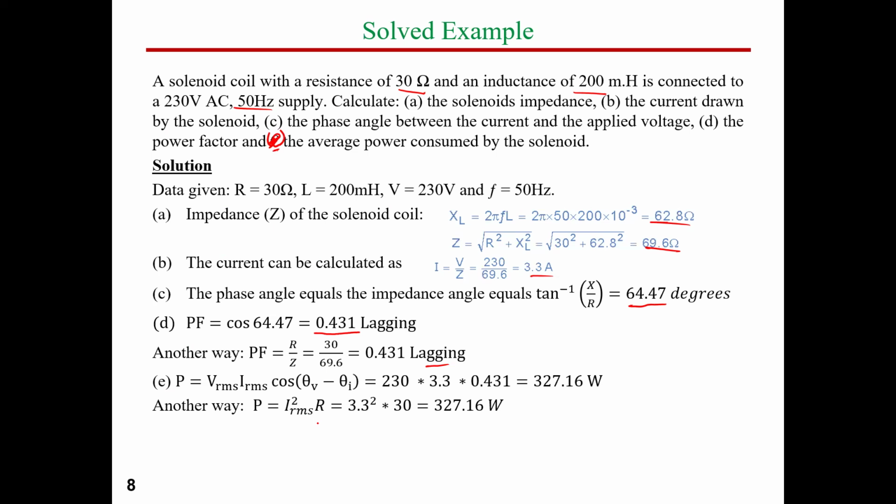Whatever reactance you have in your circuit, it's not affecting the active power. So the active power all of the time is going to be resistance dependent. So I square times R, for sure, in case of single phase. In case of three phase, it would be 3 times I square times R in case of symmetrical three phase loads.